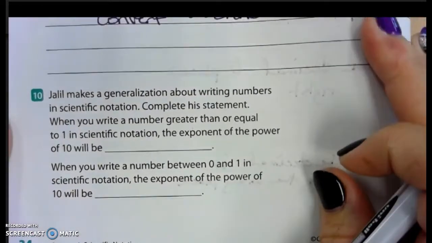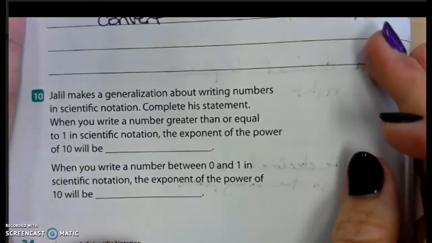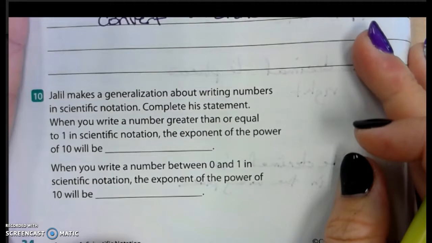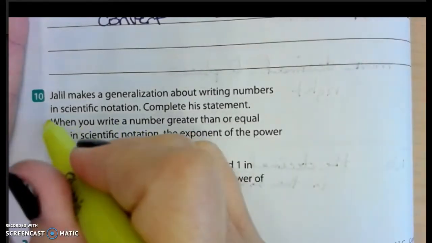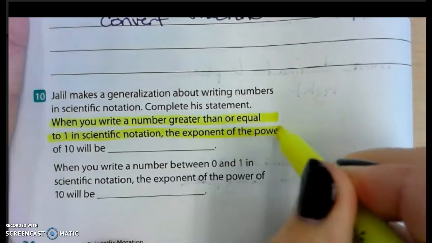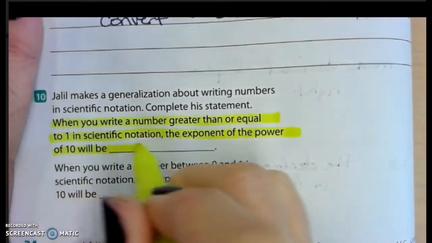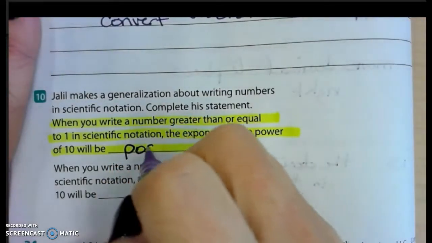Number 10. This question makes two very good statements that you very much need to pay attention to. Jalil is making a generalization about writing numbers in scientific notation. Complete his statement. When you write a number greater than or equal to 1 in scientific notation, the exponent of the power of 10 will be positive.